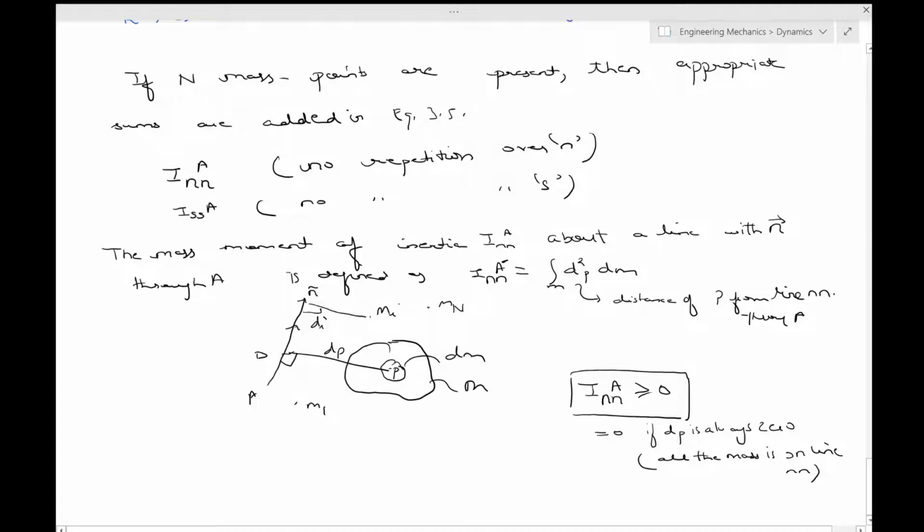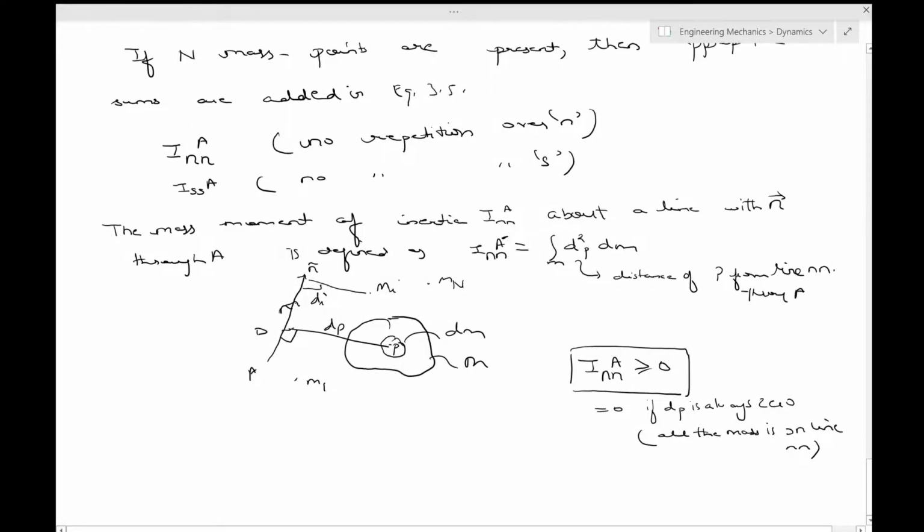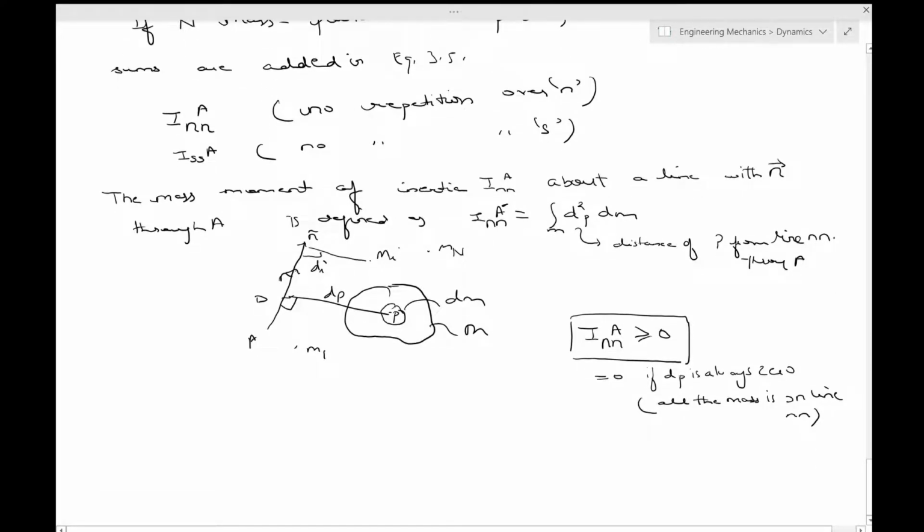Okay, if all the mass is on line NN, then dp will always be 0 for all the individual terms. Then you can say that INN is equal to 0.